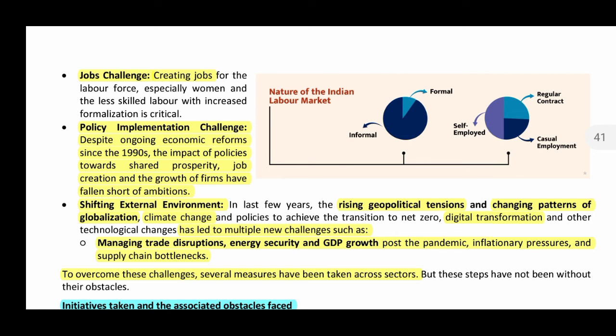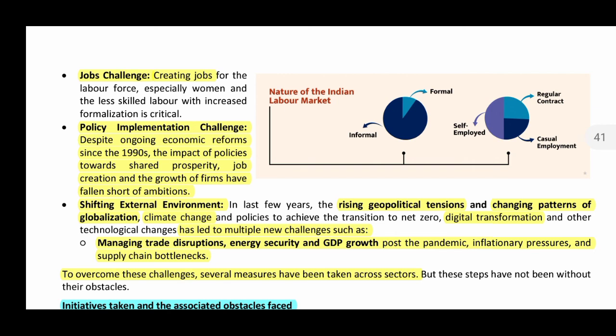Jobs are still a problem in the country. Jobs are not created, and firms have also not grown as expected. So these are also challenges for competitiveness in the market.